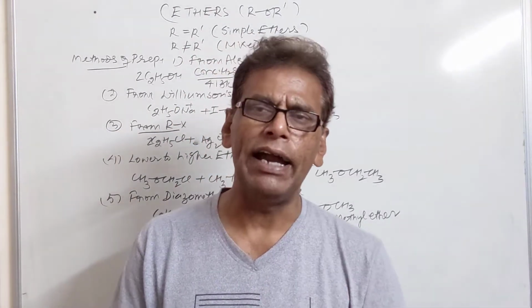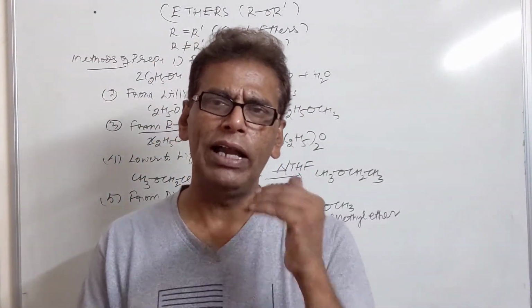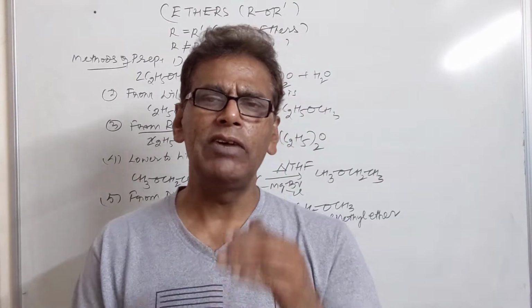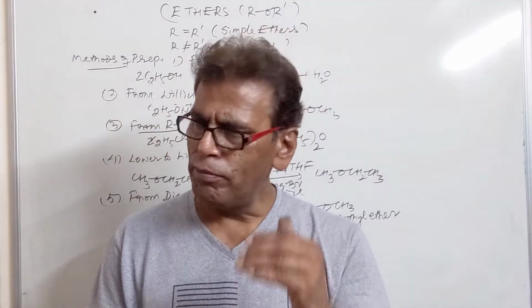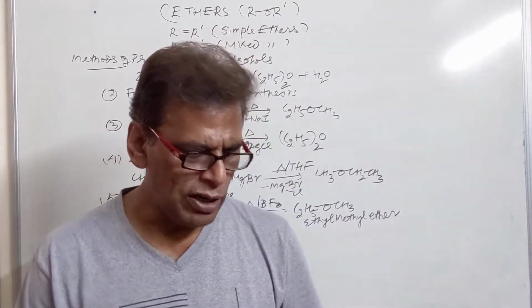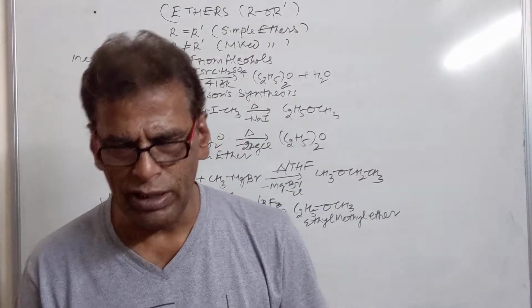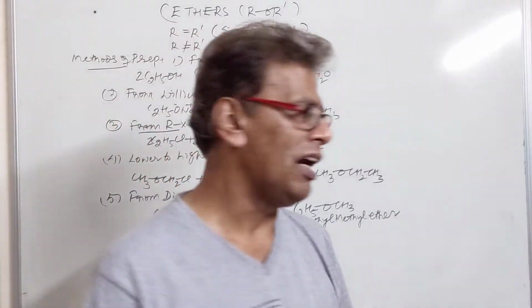The reason is that tertiary alkyl halides prefer to undergo elimination reaction and will produce alkene if taken. So in place of tertiary alkyl halides, we use the sodium salt of tertiary alcohols in the Williamson synthesis to get ethers having a tertiary alkyl group.